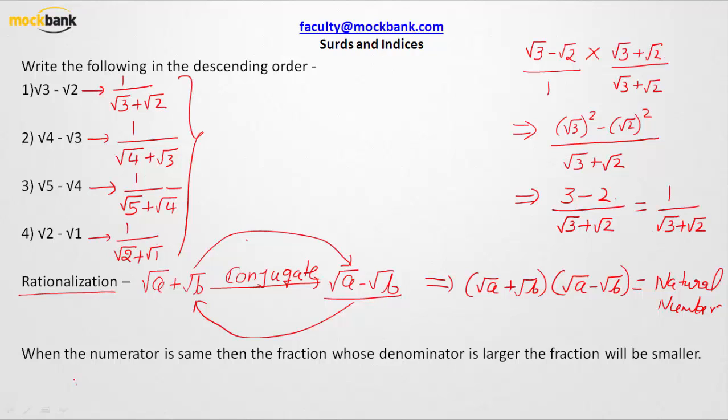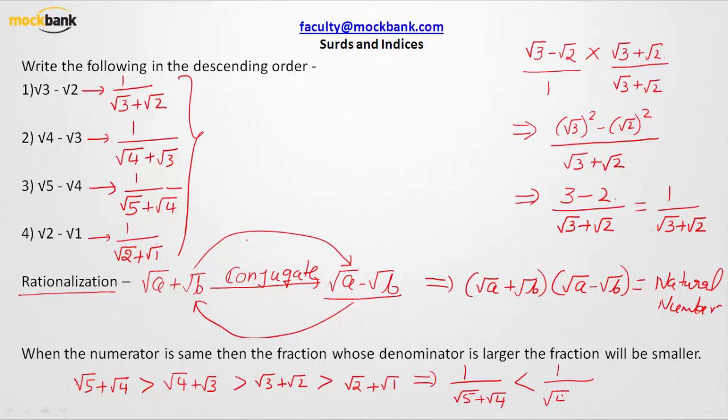Should we say that the square root of 5 plus square root of 4 will be more than that of square root of 4 plus square root of 3, more than that of square root of 3 plus square root of 2, and this is going to be the smallest. So when we are writing 1 over these values, this inequality will get reversed and we will have these values over here.